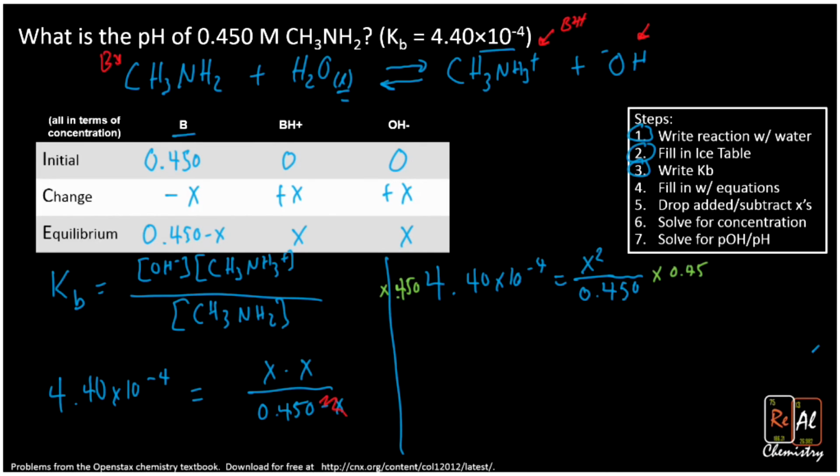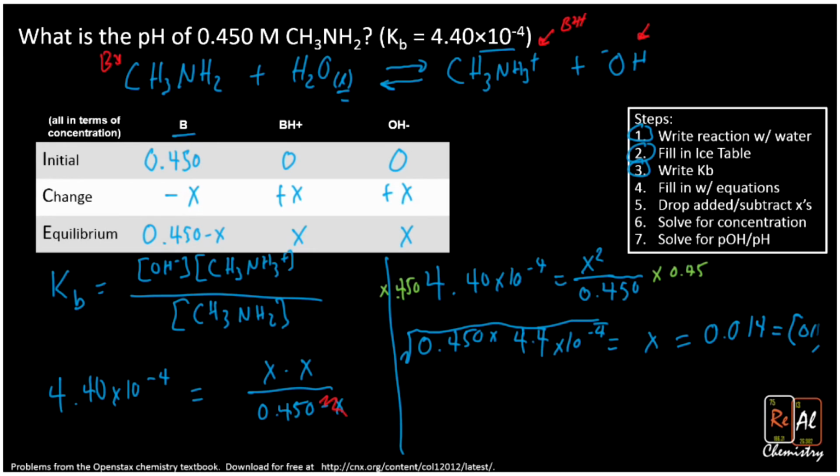And that's going to then give us 0.450 times 4.4 times 10 to the minus 4 equals X squared. Last step, we take the square root of both sides to get rid of that square. And we'll get that X is equal to 0.014. Remember that X is also our hydroxide concentration.